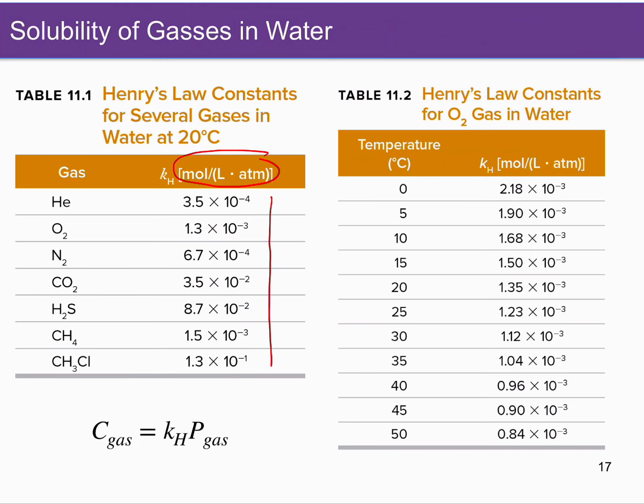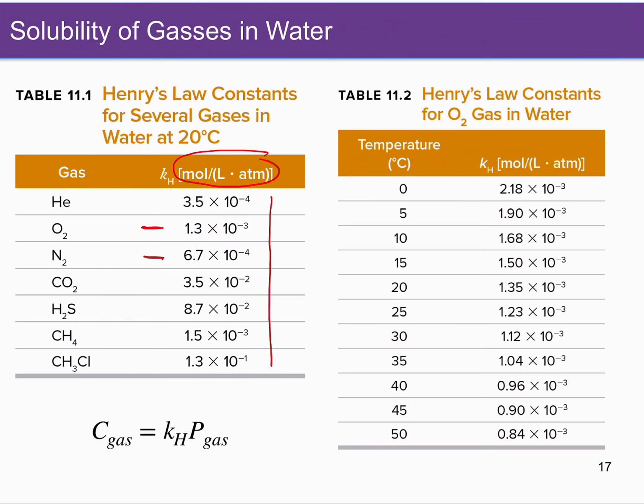So if you look at oxygen here, 1.3 times 10 to the minus 3, and nitrogen, 6.7 times 10 to the minus 4, this basically says that, everything else equal, more oxygen will dissolve in water than nitrogen.